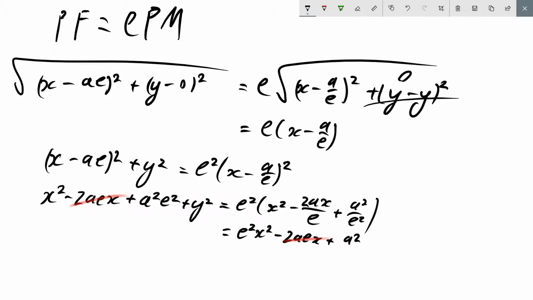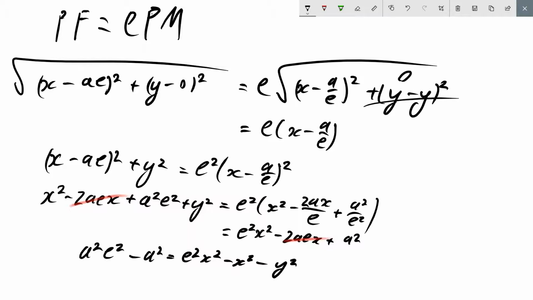I'm now going to move everything with an a in it over to this side, and everything with an x or y in it over to this side. So what we'll get is a squared e squared minus a squared is going to equal e squared x squared minus x squared minus y squared.